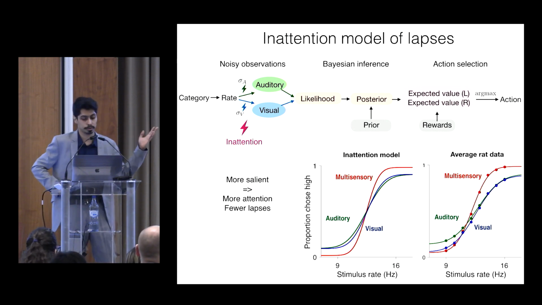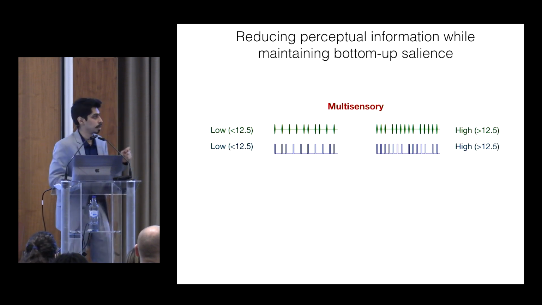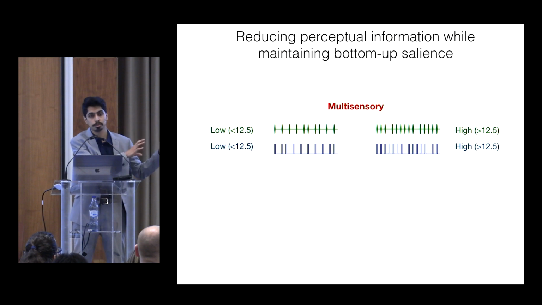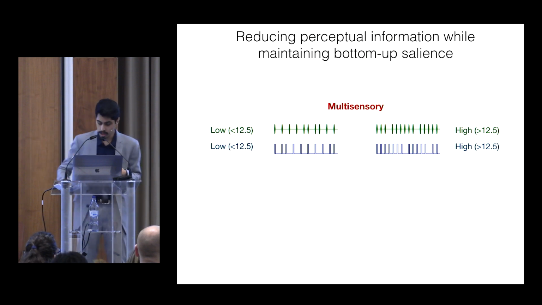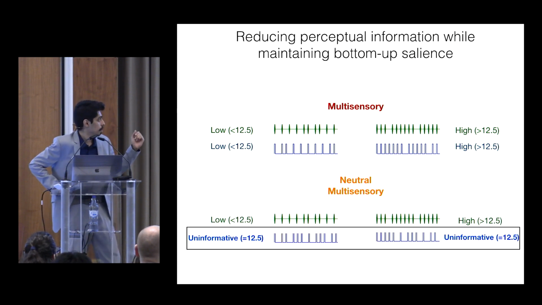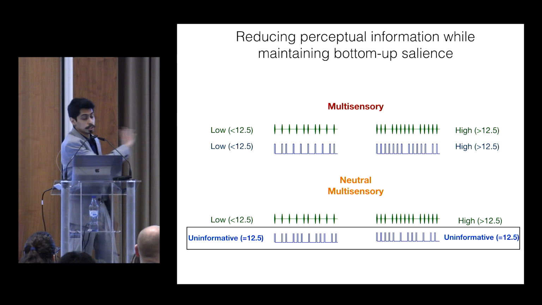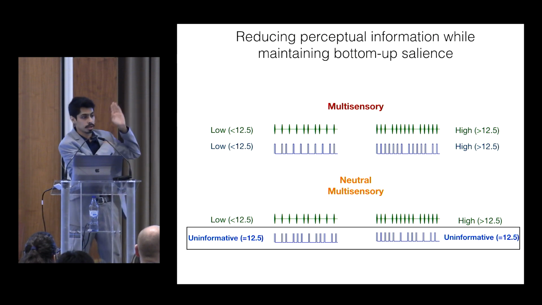And this can account for the trend in the data, but we really wanted to test this more carefully by manipulating the perceptual information separately from the bottom-up attentional salience. So to do this, we modified our multisensory trials by essentially making the visual stimulus uninformative. So we set the rate of the visual stimulus to be at the category boundary.